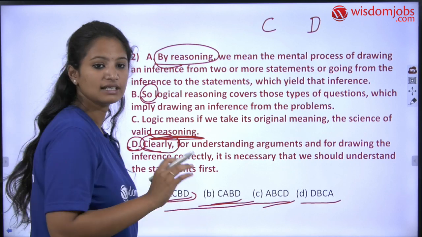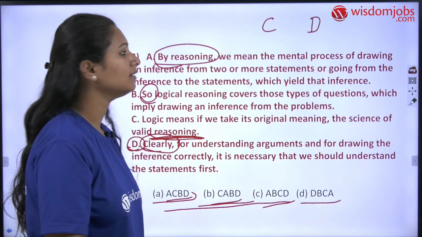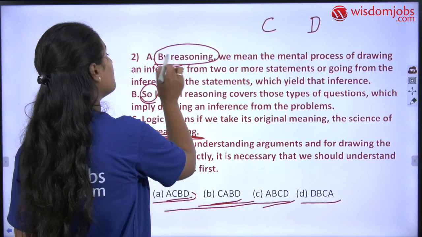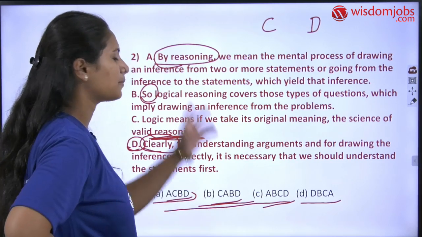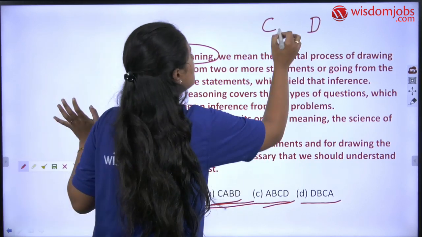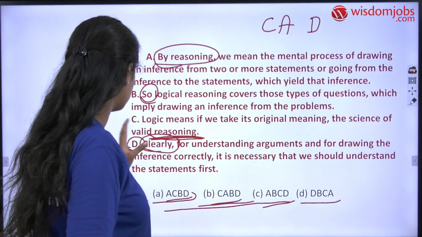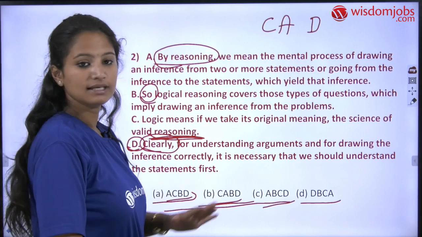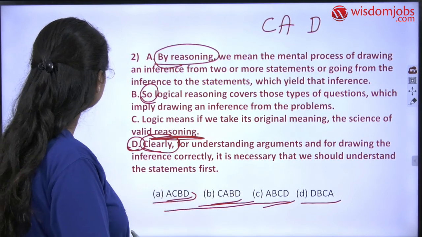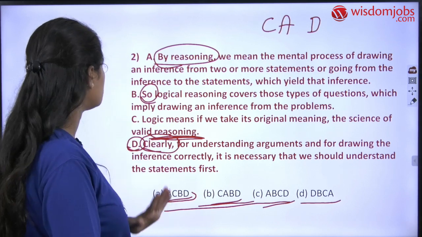Here the word reasoning is the last ending. Then sentence A started by using the word reasoning only. How? By reasoning we mean the mental process of drawing. That means this is a continuation. So basically C comes first, then A comes. Then you see CABD is the option present here, where C has come first, then A. So C and A come together.